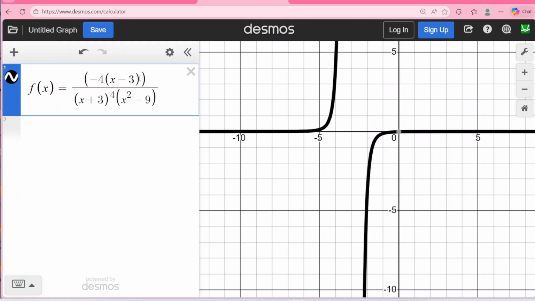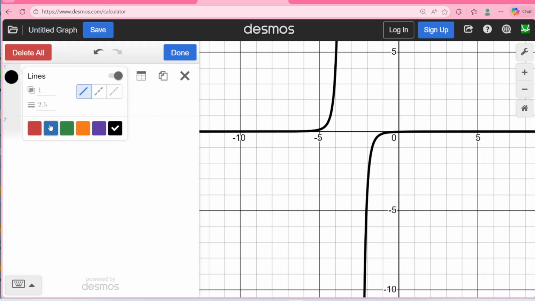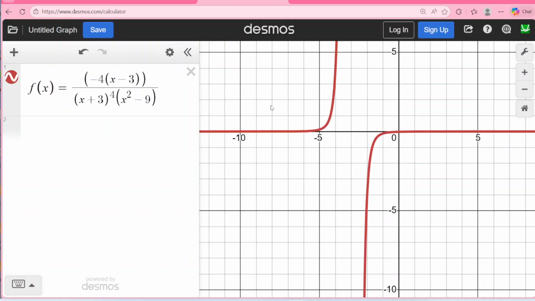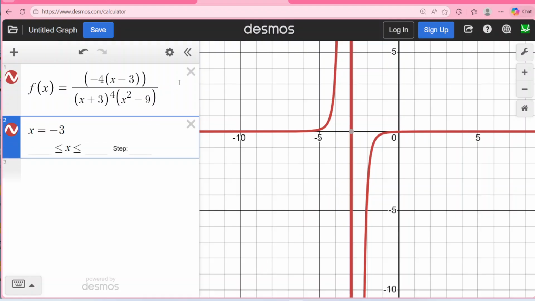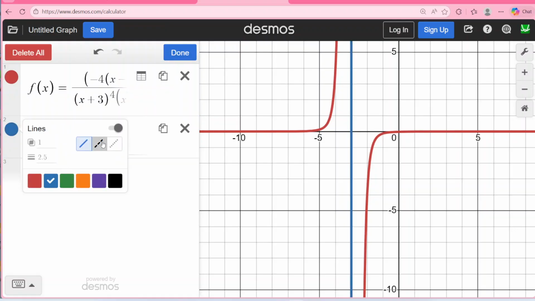And I'll change the color of this to red or something. Here's the thing, we were doing it around x equals negative 3. Definitely change that color. Don't want red and red again. So make that blue and dotted.